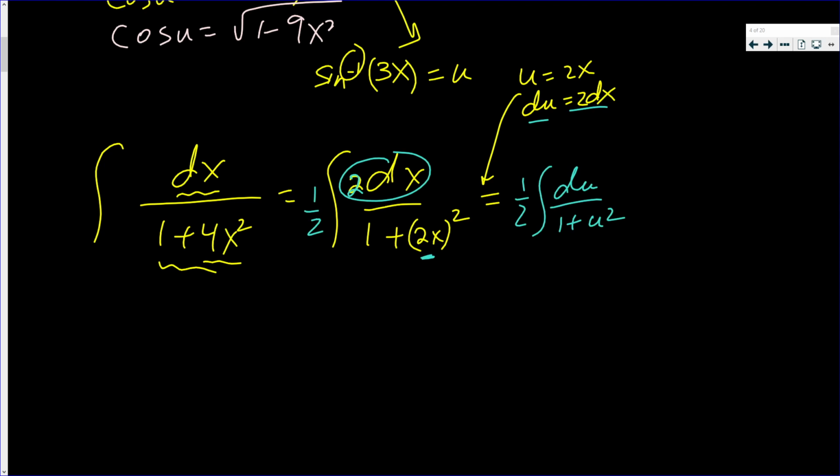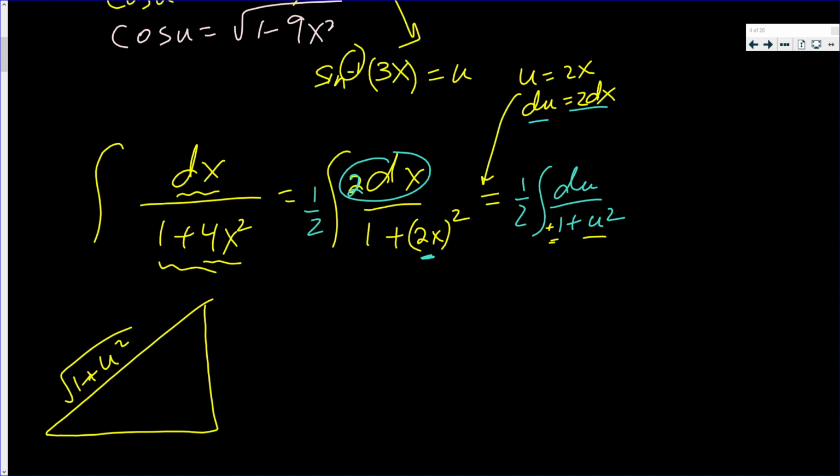And you do enough of these integrals and you'll realize that that integral is just the arctangent of u. But if you don't know that, since everything is positive, the square root of 1 plus u squared goes on the hypotenuse. The square root of u squared goes on one leg, the square root of 1 goes on the other leg.